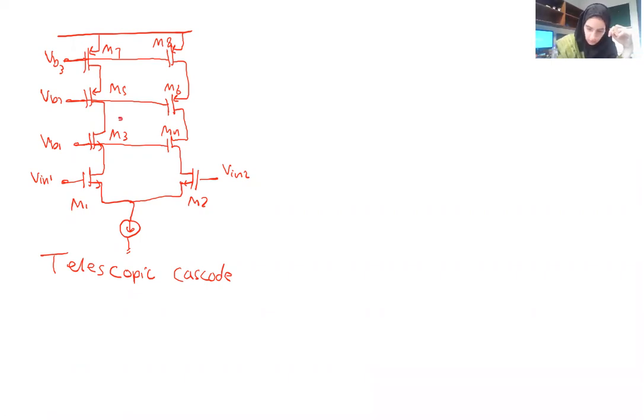The output is taken from here. Because, I mean, you have this cascode, they consume a lot of voltage drop. So our signal cannot reach the maximum of the supply.